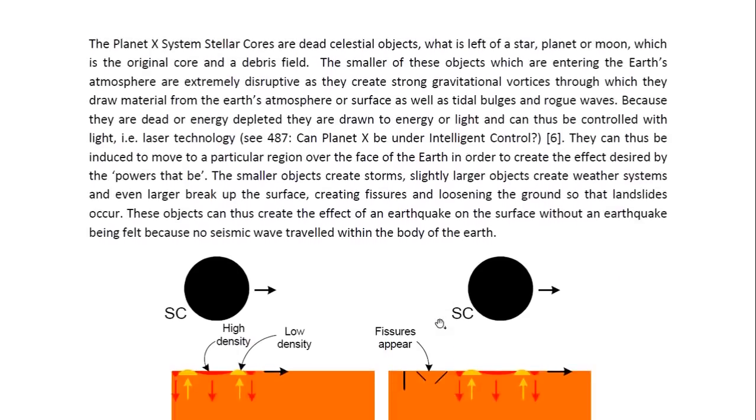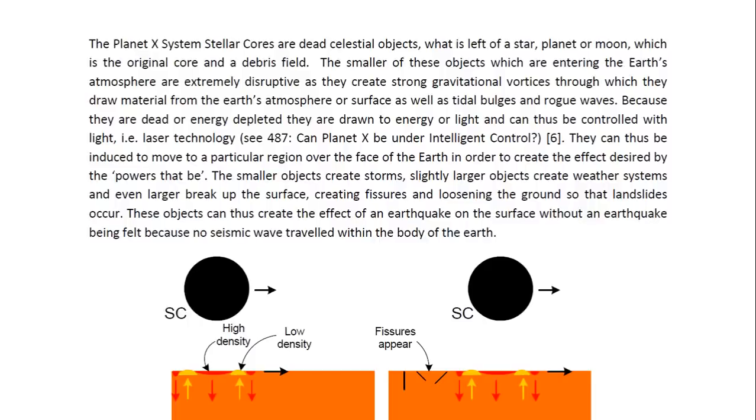So the Planet X system stellar cores are dead celestial objects, which are what is left of a star, a planet, or a moon. And what's left is just the original core and a debris field. The small of these objects, which are entering the Earth's atmosphere, are extremely disruptive as they create strong gravitational vortices through which they draw material from the Earth's atmosphere or surface, as well as create tidal bulges and rogue waves.